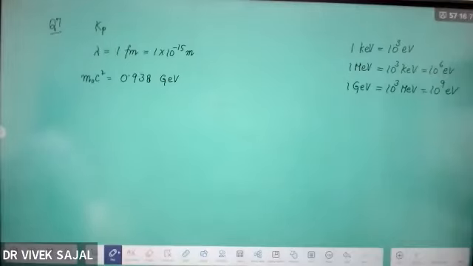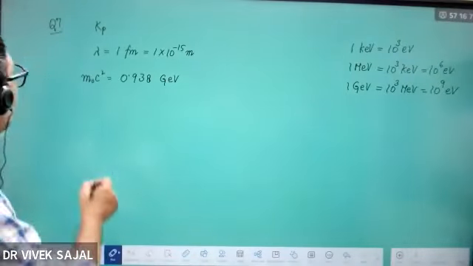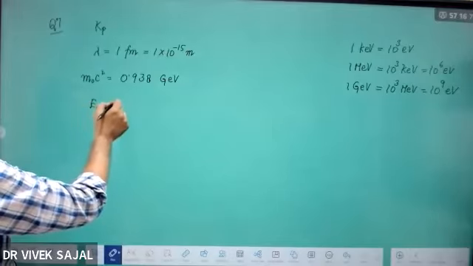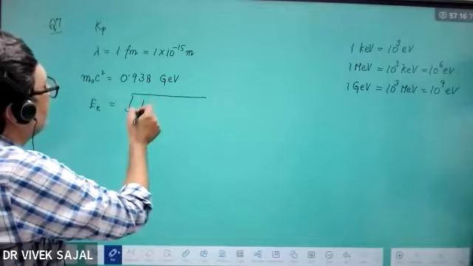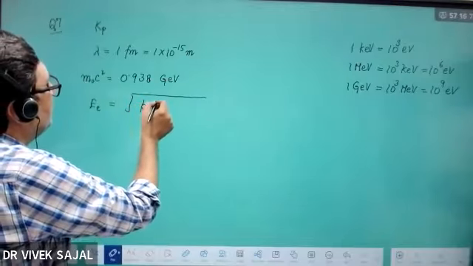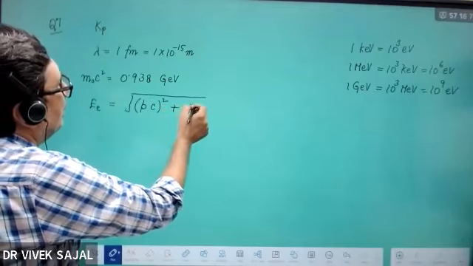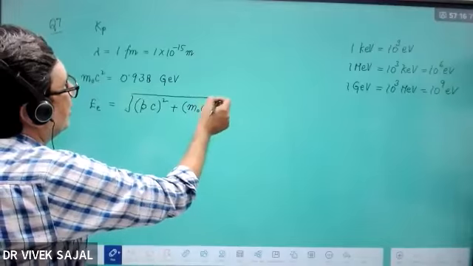So what do you want to find out? Kinetic energy. So what will be the total energy of the proton first? That will be the square root of p square c square plus m0 c square, whole square.